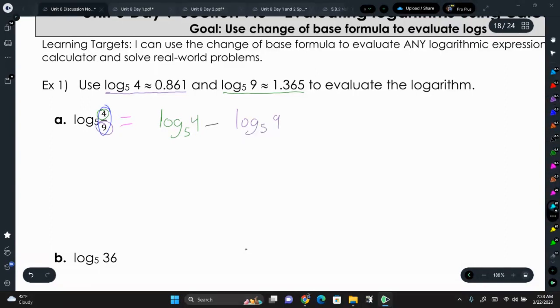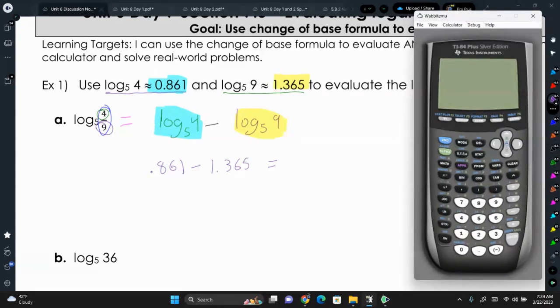Well, like I was saying, we know that log base 5 of 4 is 0.861, and log base 5 of 9 is 1.365, so we can make that substitution. 0.861 minus 1.365.